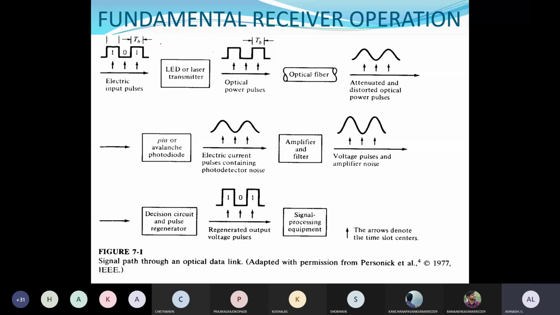Now here, you can see at the top there are electric input pulses. It is something like we are talking about the transmitter as well as the receiver. This diagram includes the signal path of the optical data link, from the transmitter side, from the generated electrical input pulse at the beginning, to obtaining the electrical output pulse back at the receiver side.